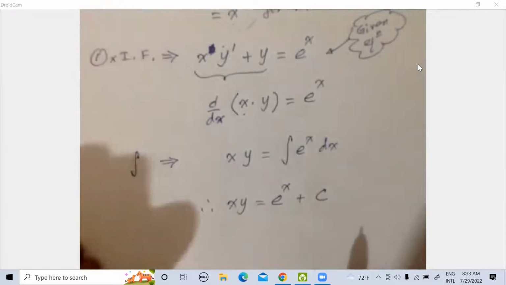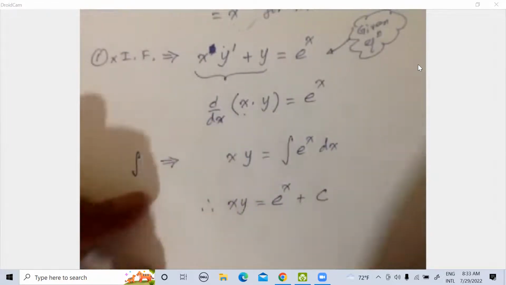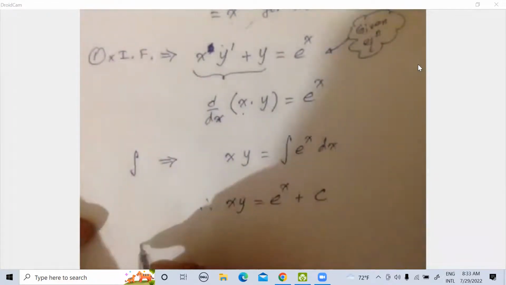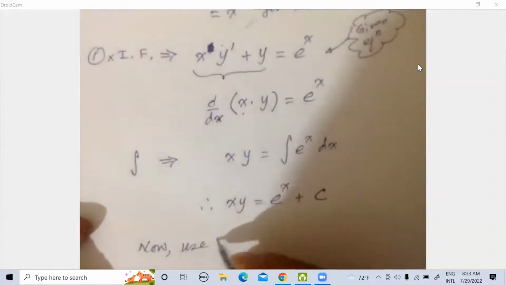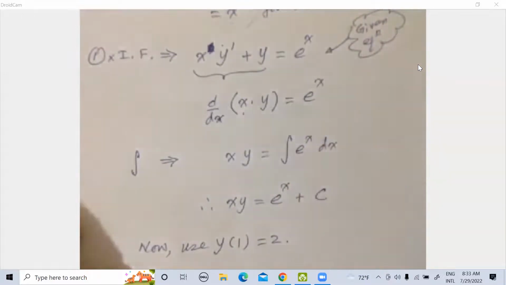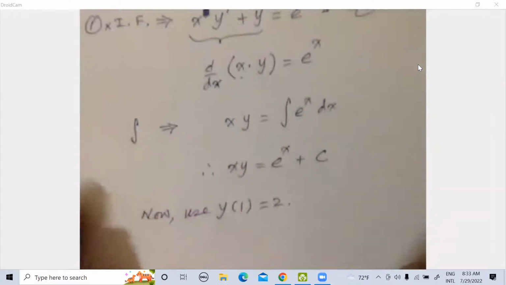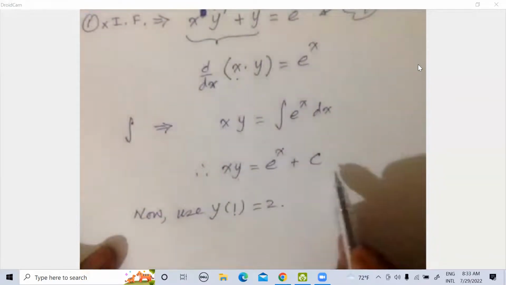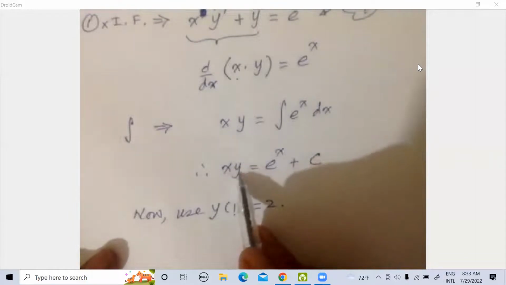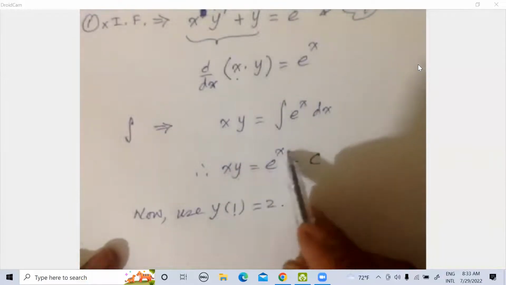Now, what is the given condition? Now go to the given condition and use y at 1 equals 2. y is a function of x. If you want, you can write y as e to the x.